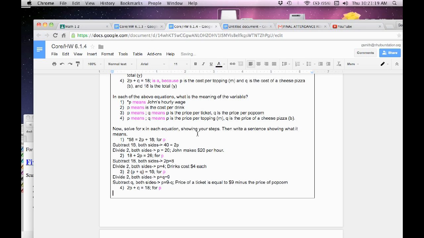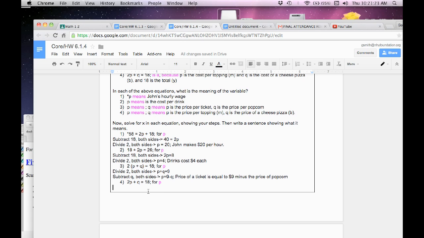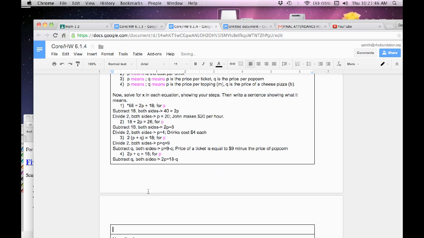All right, number 4, we are going to try to isolate P. So the first thing I would do is subtract Q from both sides. And what that will get us is 2P equals 18 minus Q. And then, of course, we'll divide by 2 on both sides.